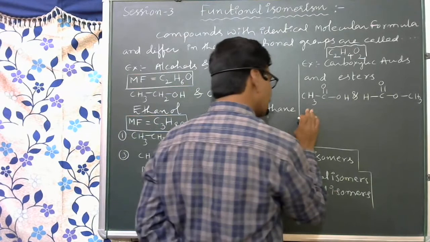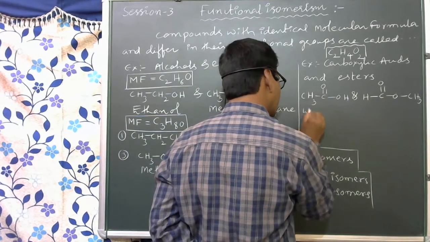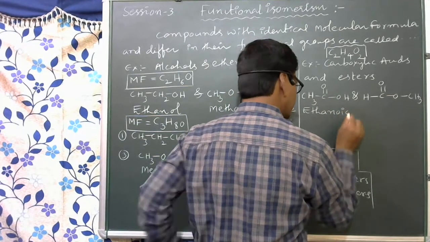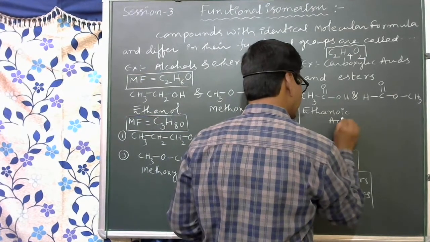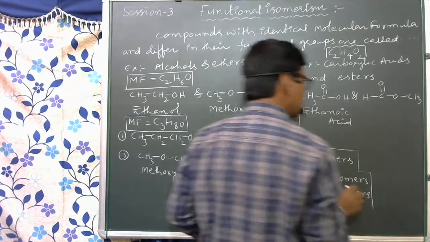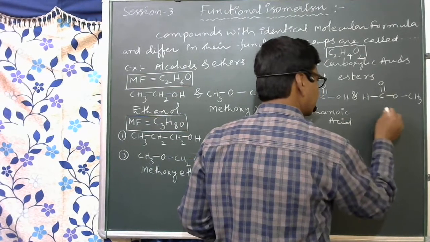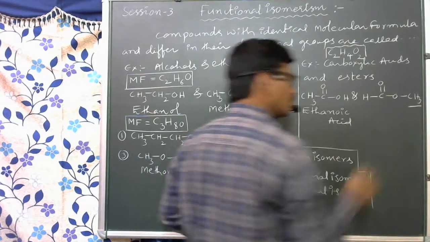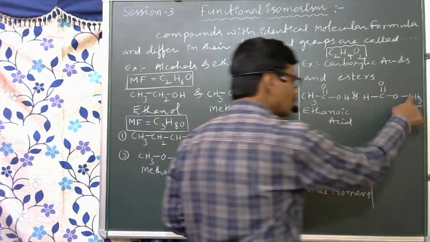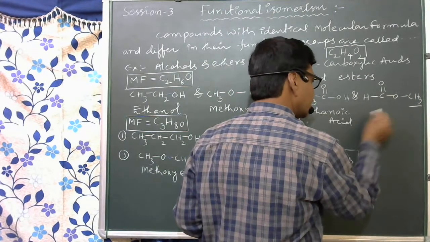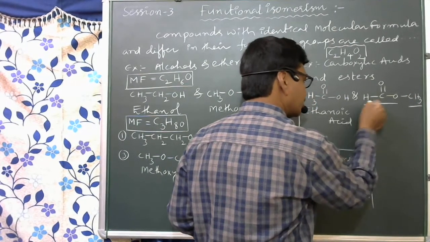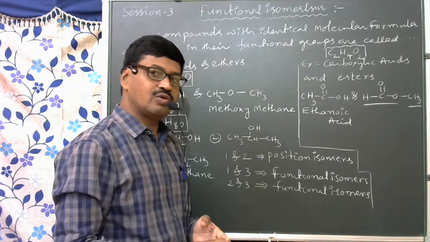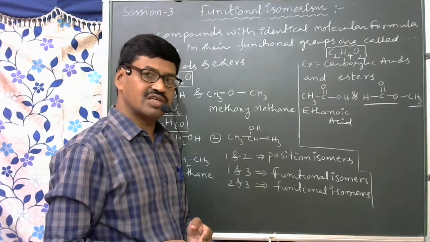The name of this compound is ethane and oic acid, ethanoic acid. This is ethanoic acid. And here this is ester. For ester, while writing the IUPAC name, first you have to write this part, that is, the alkyl group; that alkyl group first you have to mention. Then after this part, with respect to how many carbons are present, we write the oate, because ester's functional name is oate.